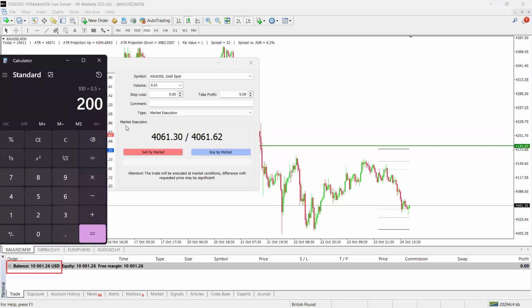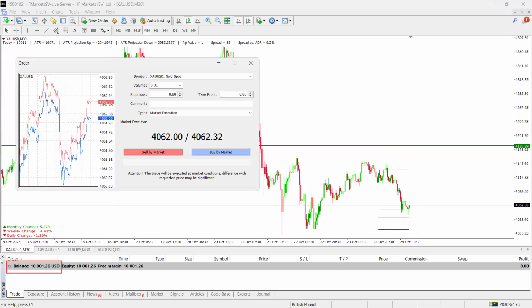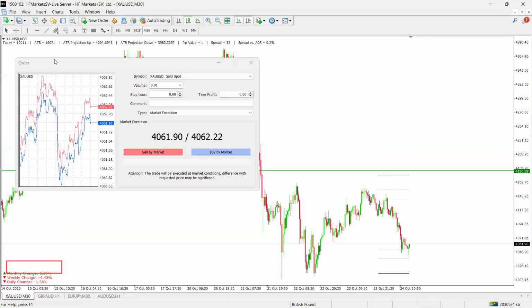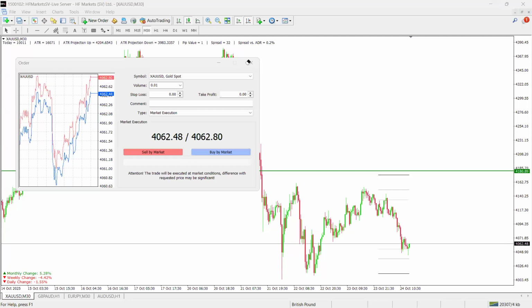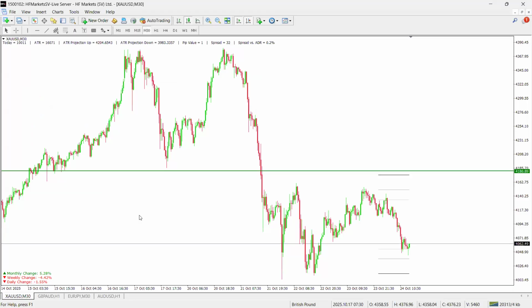For example, it's possible that you are the type who likes to enter a big lot size when you see a better opportunity, as the case may be. But there are also other ways to manage exposure, especially with trades, maybe even if you're going in with big or small lot sizes. We have what we call partial closures for trades in the market.